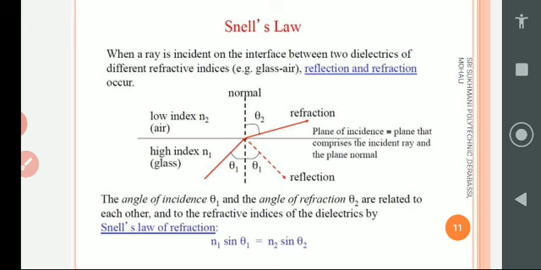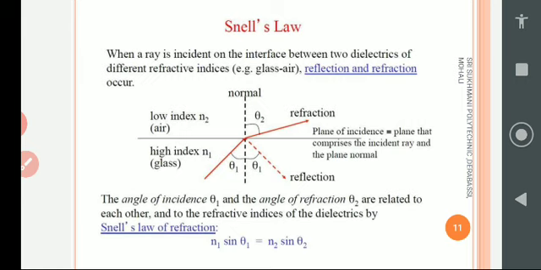First, Snell's law. Now, when a ray is incident on the interface between two dielectrics of different refractive indices, reflection and refraction occur. We will repeat this point again and again.